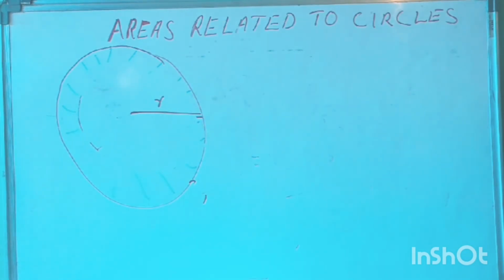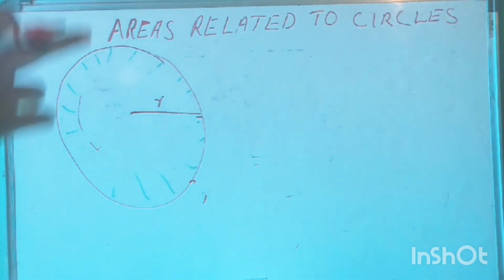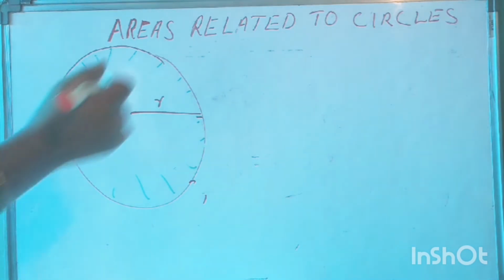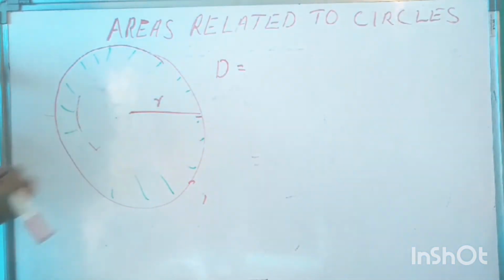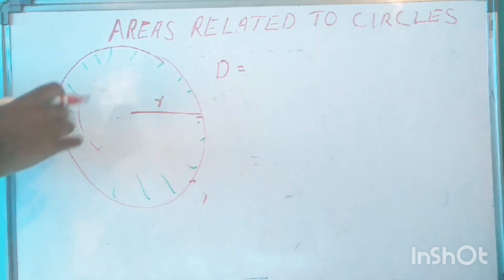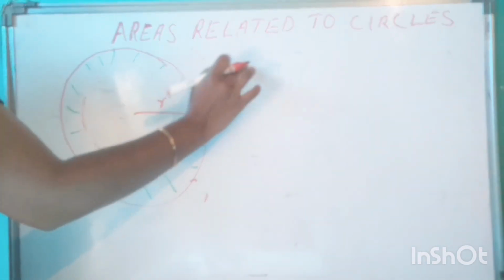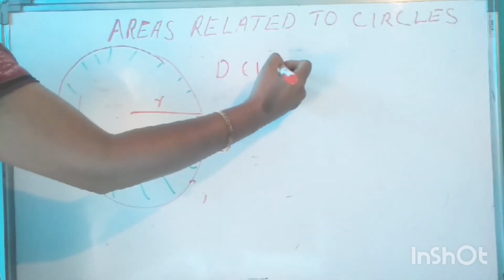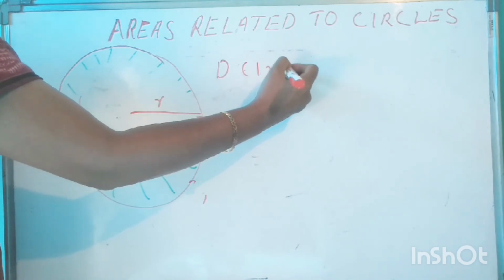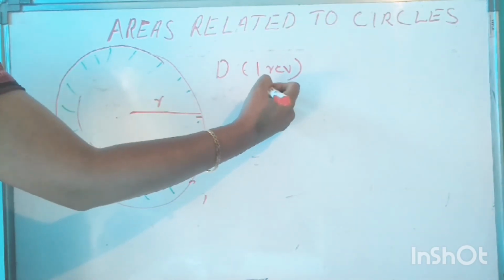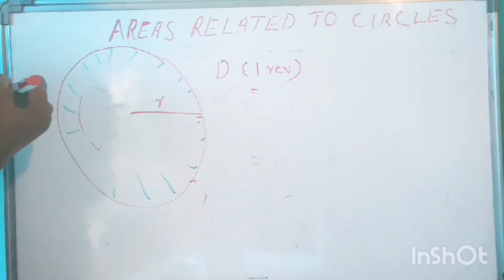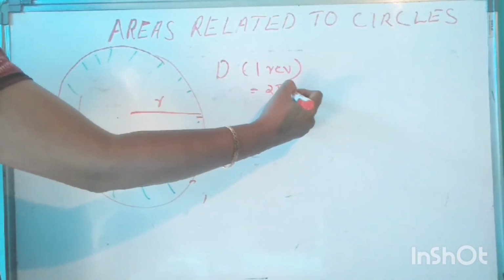Actually, the distance covered by the wheel in one revolution is equal to the circumference of the wheel, that is 2 pi r.